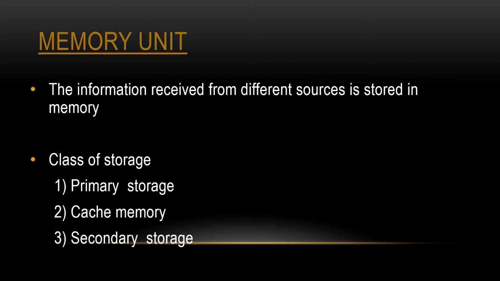Next we'll go to the primary memory. The primary memory is also called the main memory, and is a fast memory that operates at electronic speeds. Programs must be stored in this memory while they are being executed.